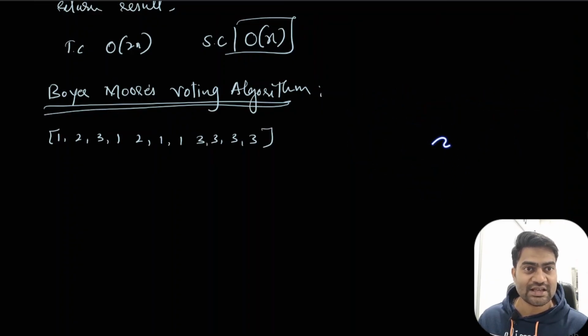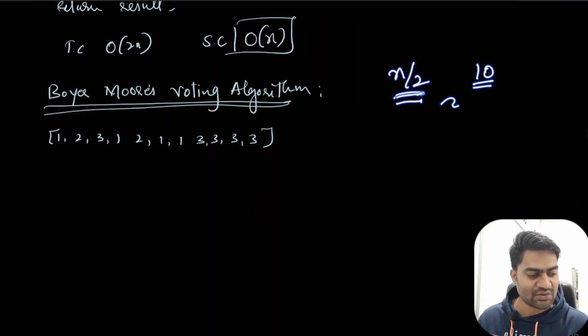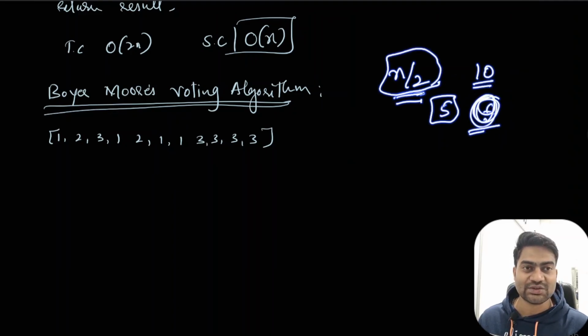So this is what happened in the majority one problem, because there we were checking for more than n by 2 votes. If there are 10 votes, then 10 by 2 becomes 5. If it has to be more than n by 2, then it has to be 6. He should get 6 votes, then only he will be considered the winner.